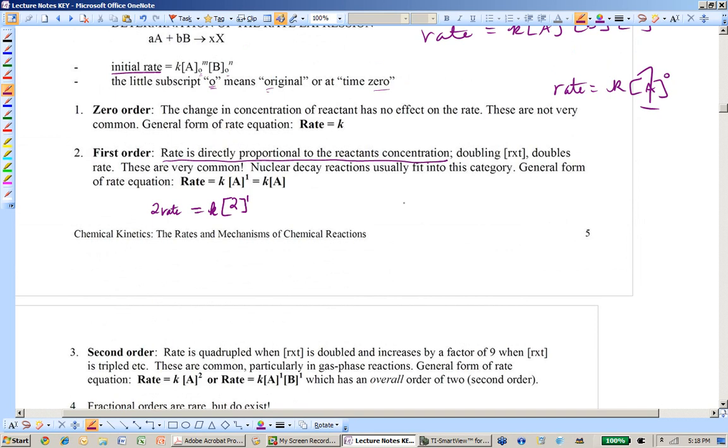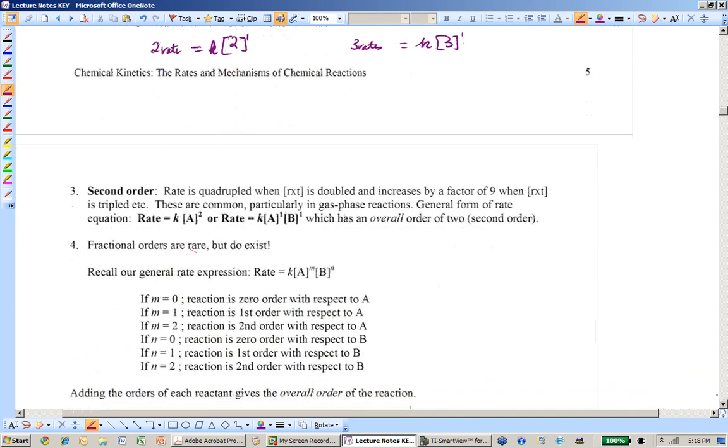And if you put a 3 in there, and you raise it to the first power times K, wouldn't you get 3 rates? Because K is constant, this number's not changing. So whatever you do to the concentration, that's exactly what's going to happen to the overall rate in the case of a first order reaction, or reactant for that matter.